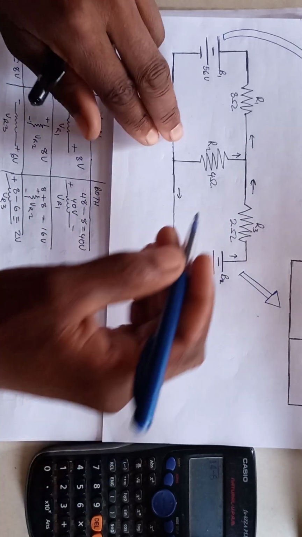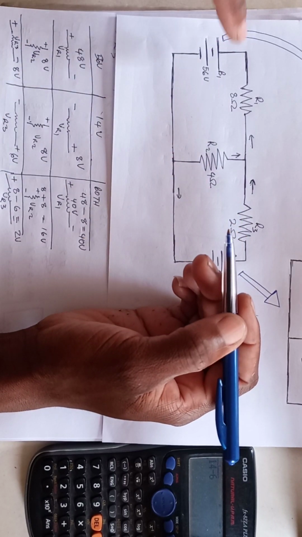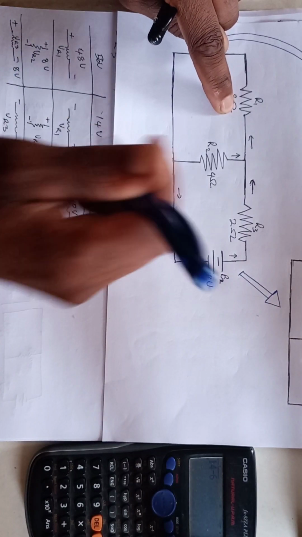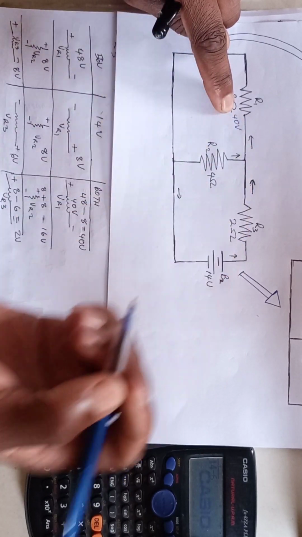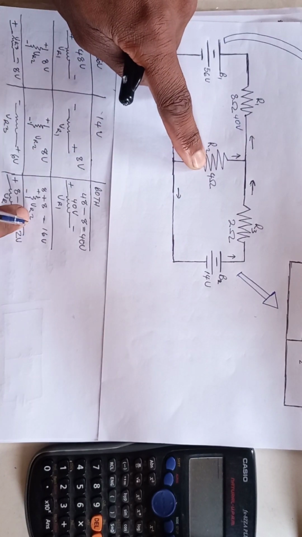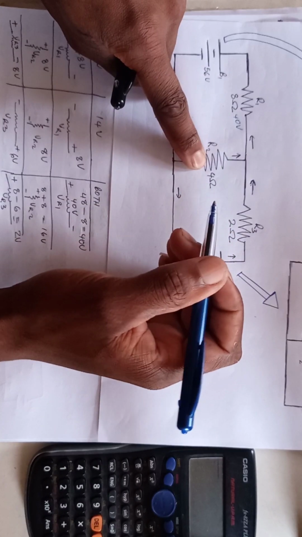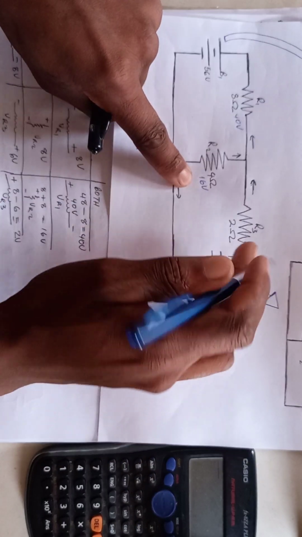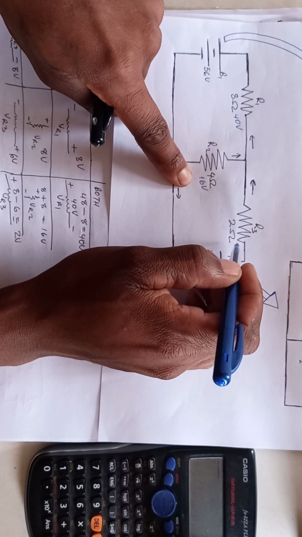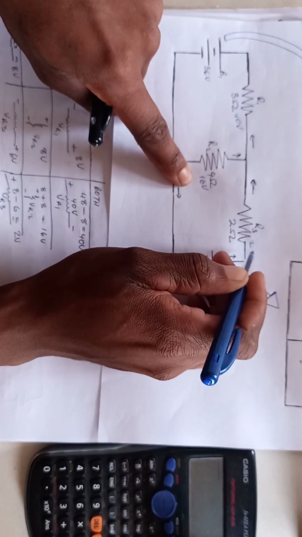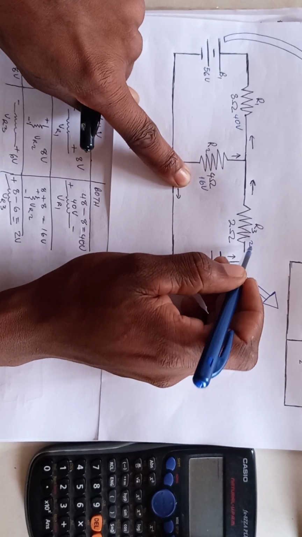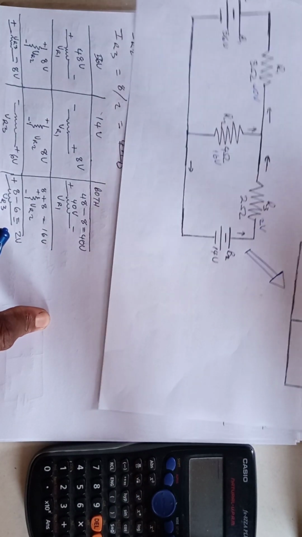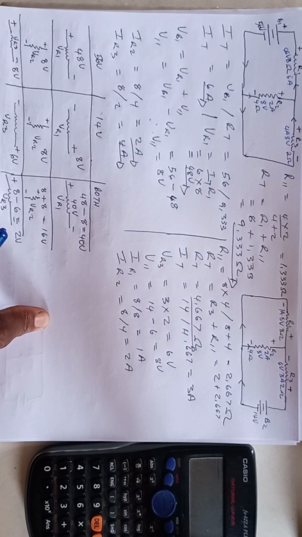We know that the voltage across VR1 is 40 volts, the voltage across VR2 is 16 volts, and the voltage across VR3 is 2 volts. But we don't know the currents, right? So we need to calculate the currents now.